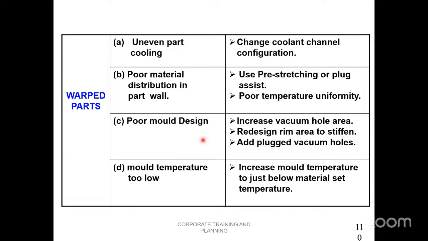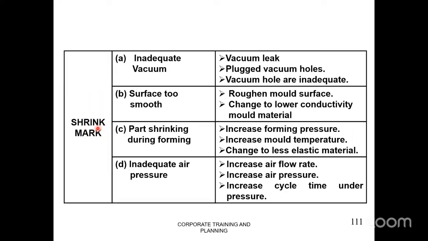In the mold design, you have to see whether the vacuum holes are blocked or okay. In stretching, whether the plug is good or not. The plug should go there at the right time. Poor temperature, maybe the temperature at the corner is very high and different at another place. Generally, uneven temperature also indicates warpage.